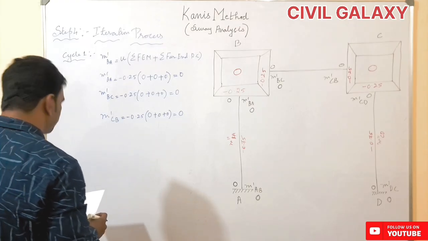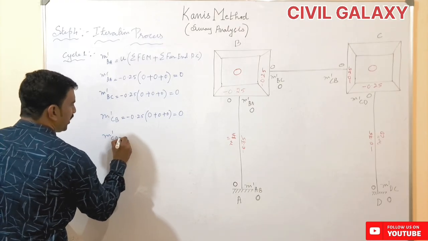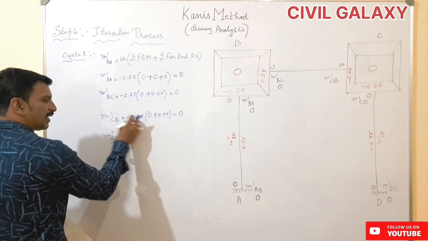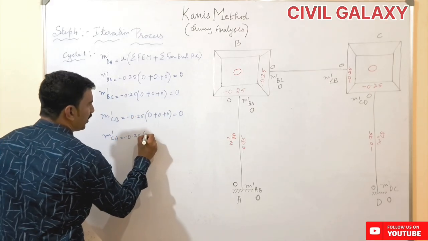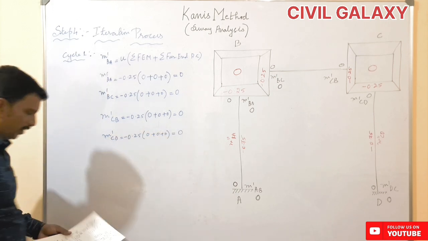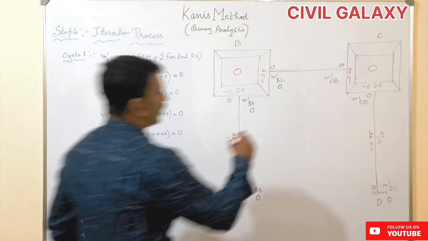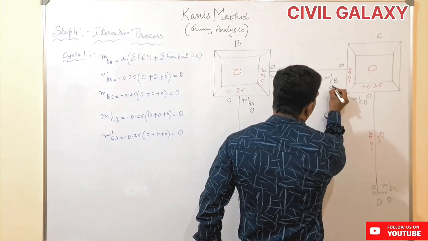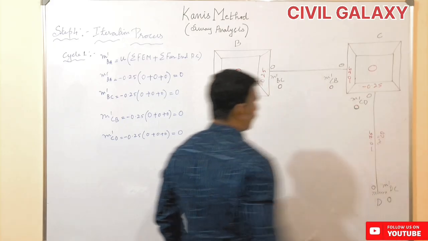So next, if we calculate for m dash CD, since it is having the same rotation factor, the values also will be same. So the first cycle will be equal to 0 over here. So we are getting a value of 0 for the rotation contributions. Here we can see m dash CB also is 0, and m dash CD also here is 0.